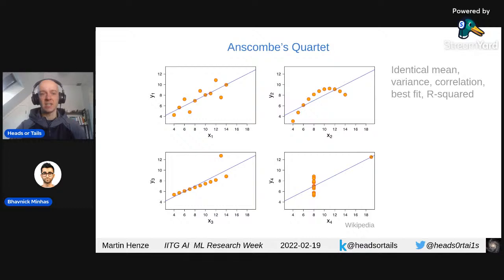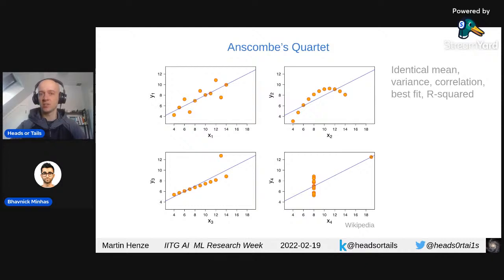Now, on to the second aspect that I would like to talk about, why EDA is important. Here is an example that is very famous in statistical circles, but not everyone in data science or machine learning might know it. It's called Anscombe's quartet. And you might think that you don't necessarily need data visuals.